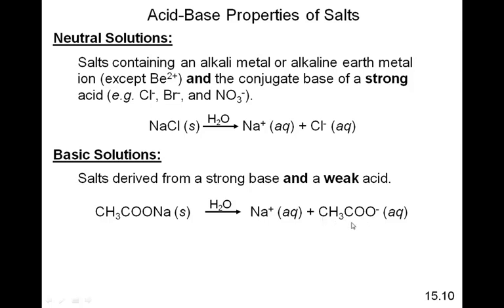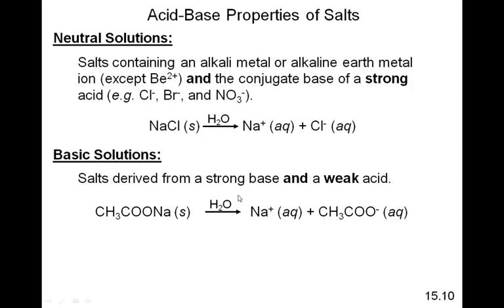Our CH3COO-, this comes from the weak acid, acetic acid, which is CH3COOH. Since it comes from CH3COOH, a weak acid, this is its conjugate base. And we know that the conjugate base of a weak acid has significant base characteristics, strong enough that we have to consider it as acting basic.